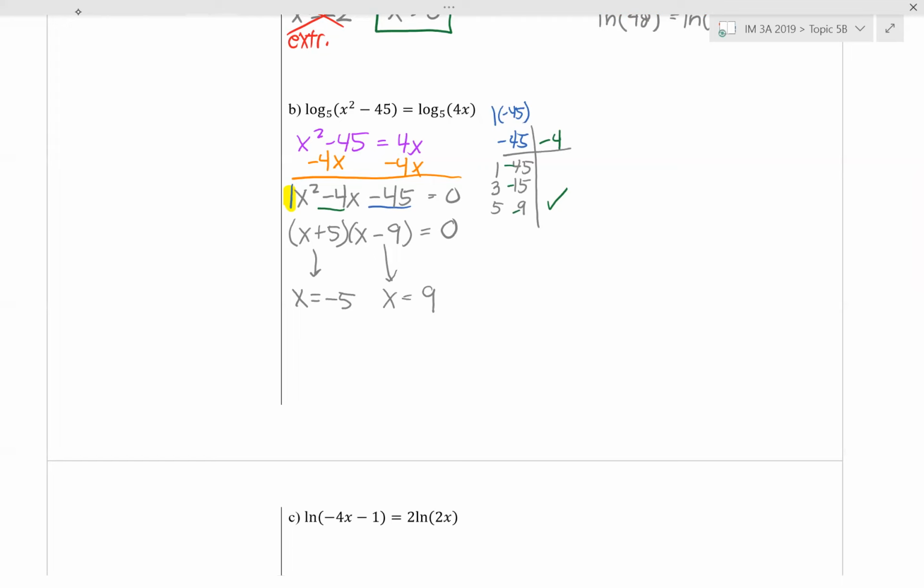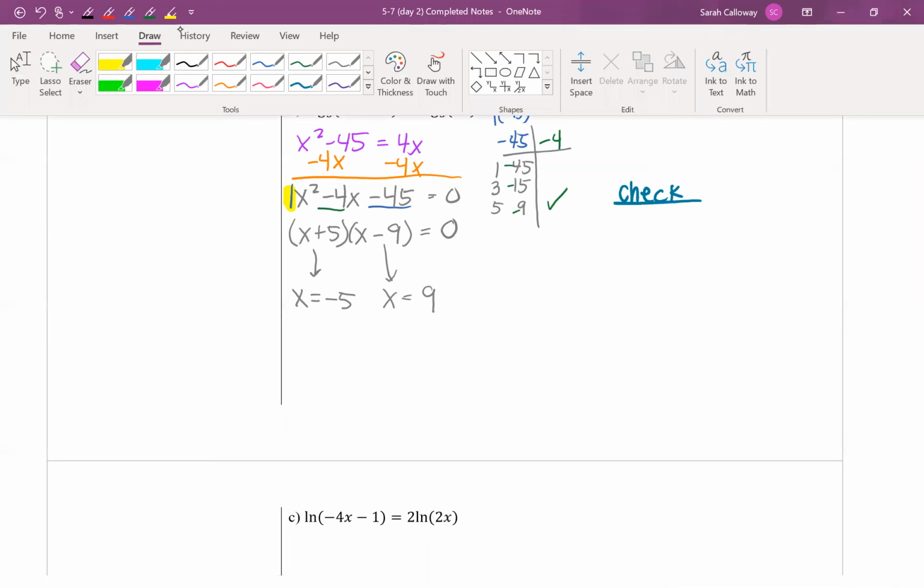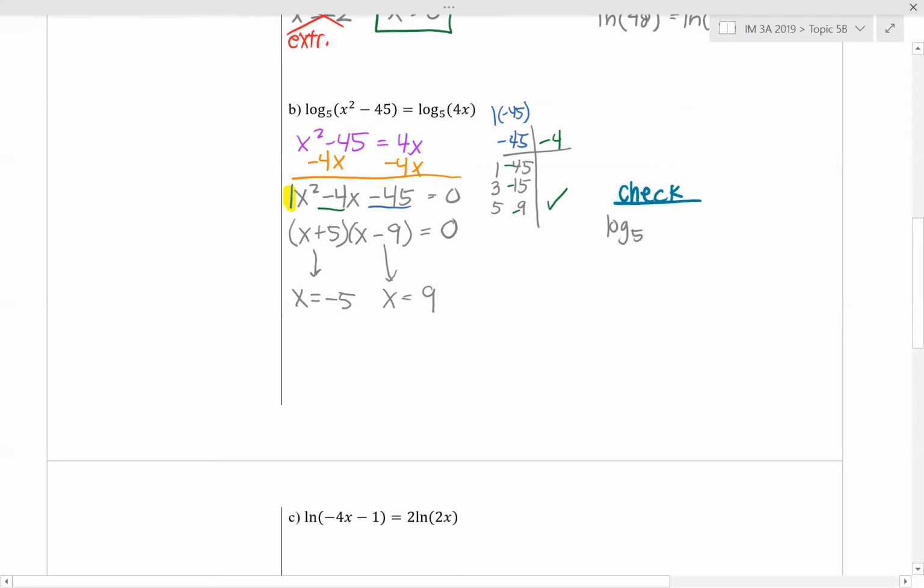Our final step is to check those answers to ensure that they are actually true from the original problem. So if I go ahead and check, I'm going to plug them into log base 5 of x squared minus 45 equals log base 5 of 4 times -5.